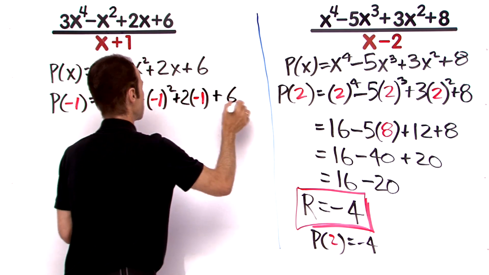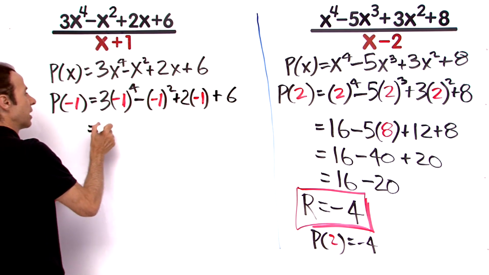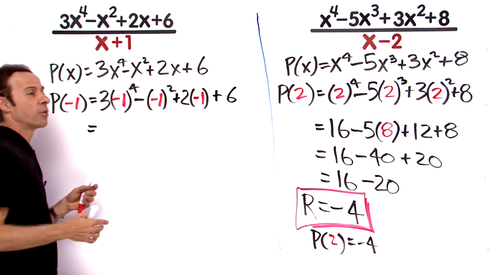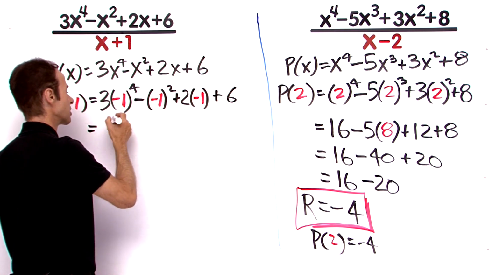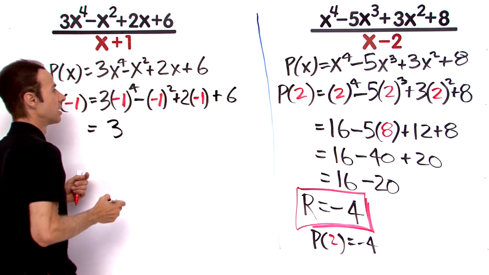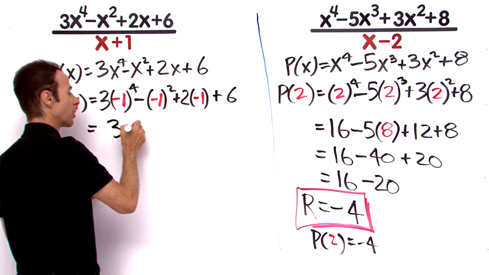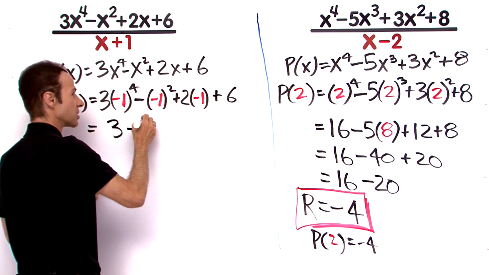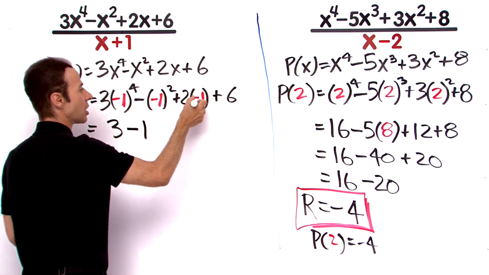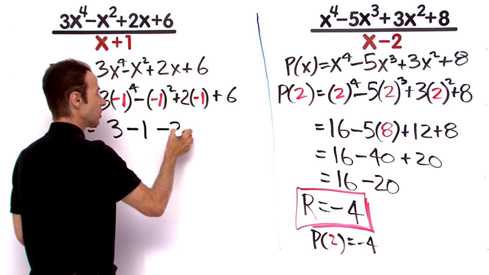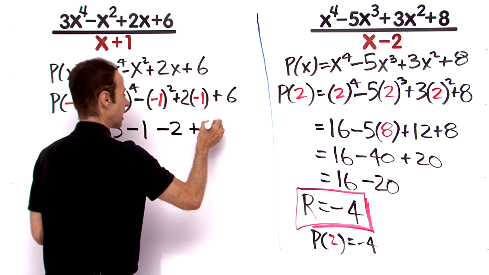Plus 6. Let's further simplify this. So that equals negative 1 to the power 4 is just 1. So 3 times 1 is 3. So we'll have a 3 there. Negative 1 squared is just positive 1, so it's minus 1, because we have a minus there. And here 2 times negative 1 is negative 2, and bring down the 6, plus 6.